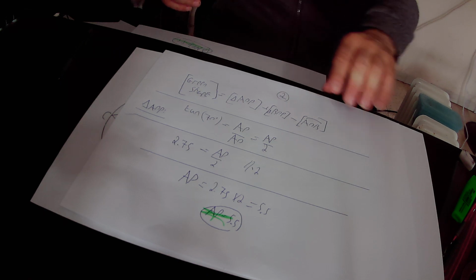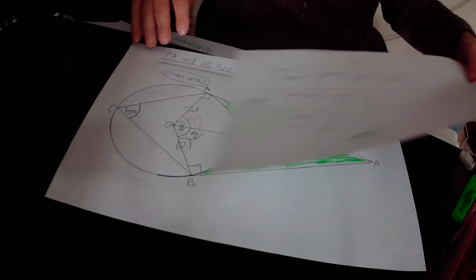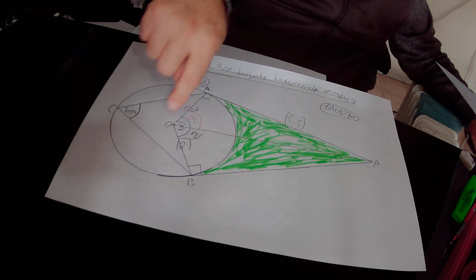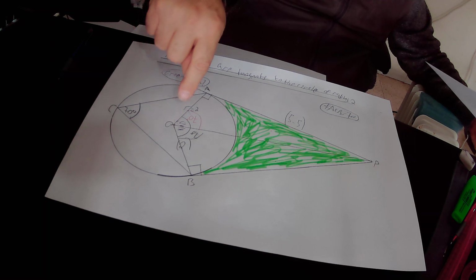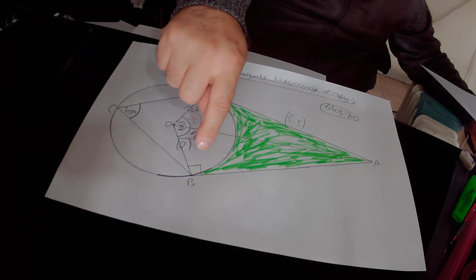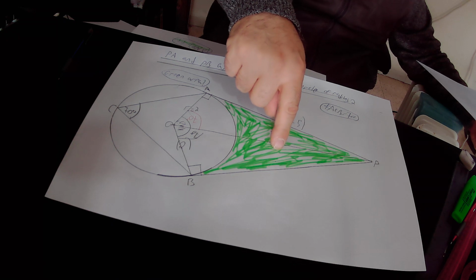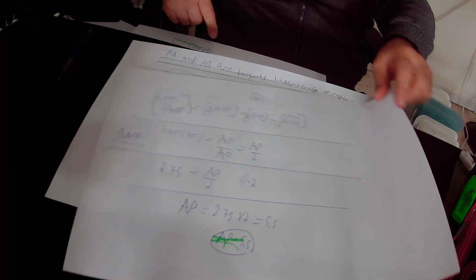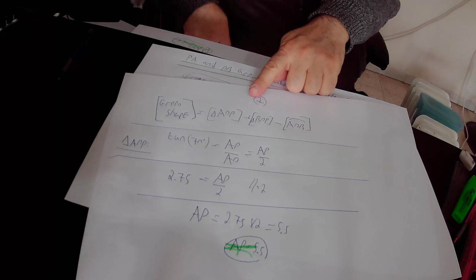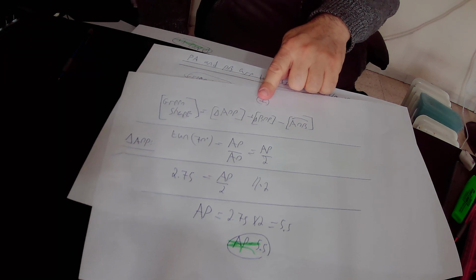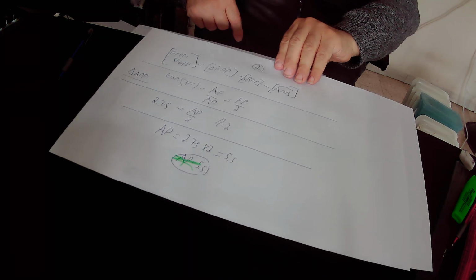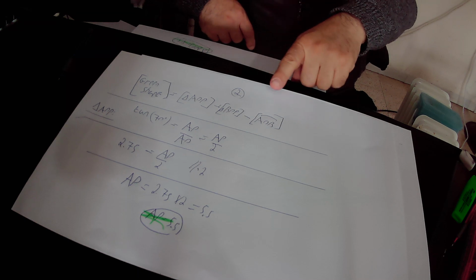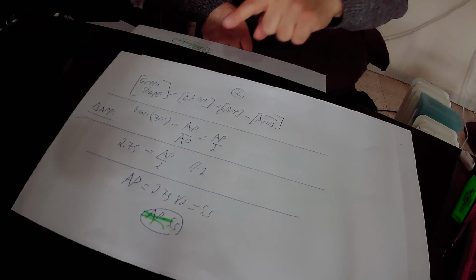This gives us the area of quadrilateral APBO, and when we subtract the area of sector AOB, we get exactly the area of this green shape.